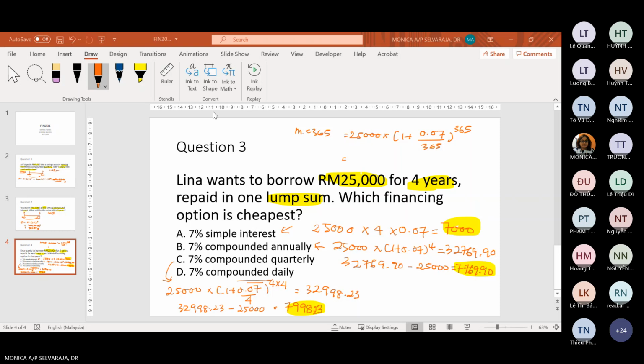Again, let me calculate again. So you will get higher amount here. So the answer would be, okay.